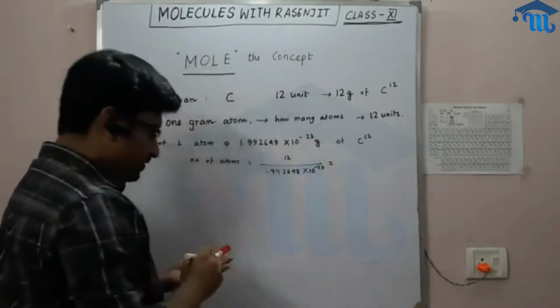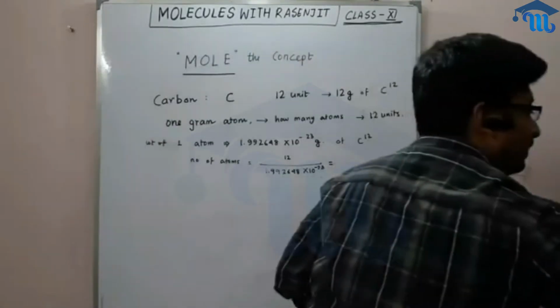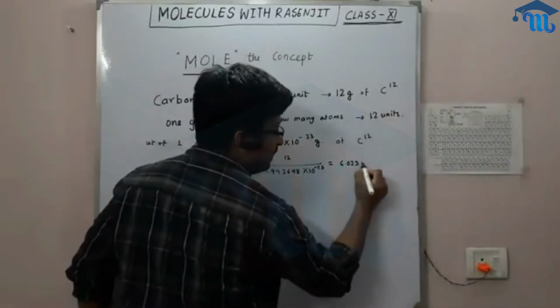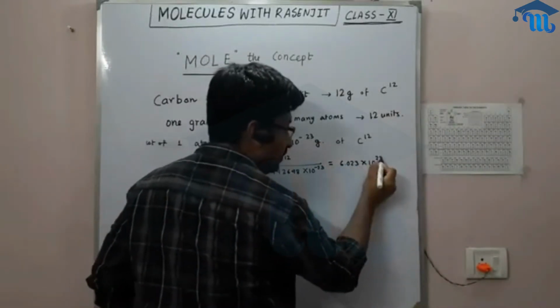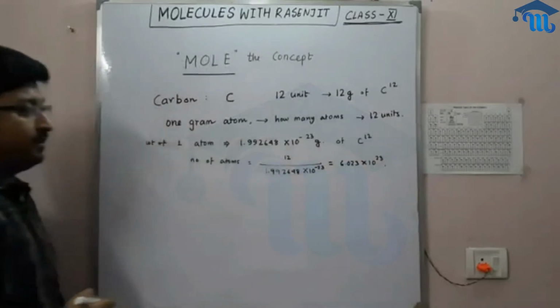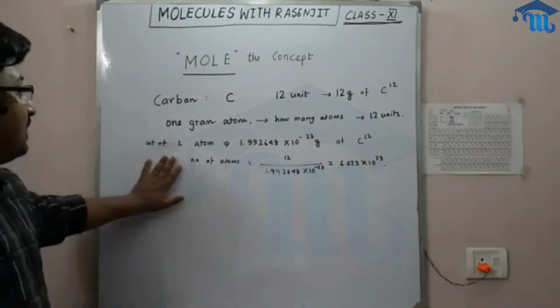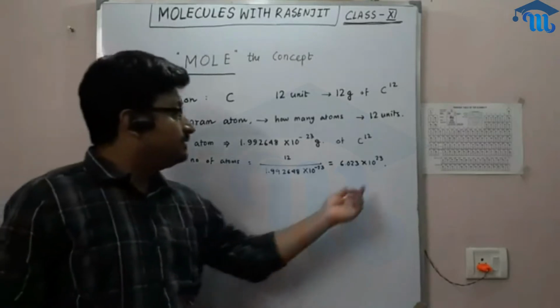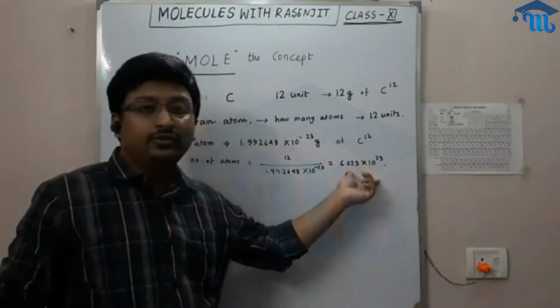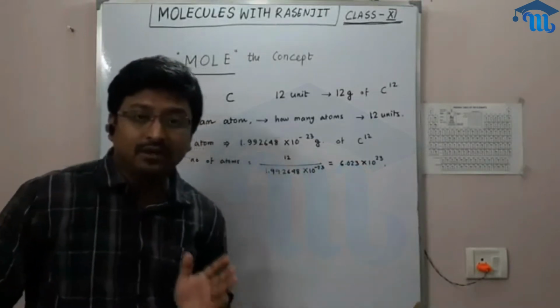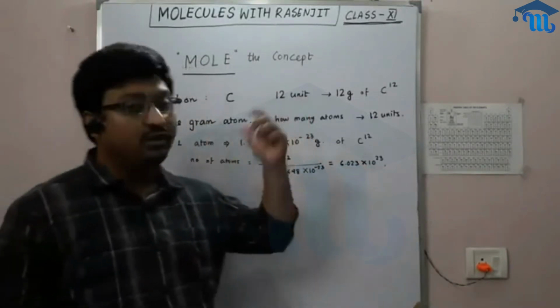And you know what this value is? This value is 6.023 into 10 to the power 23. So 1 gram atom is basically nothing but 6.023 into 10 to the power 23 number of atoms which contains C12 unit.